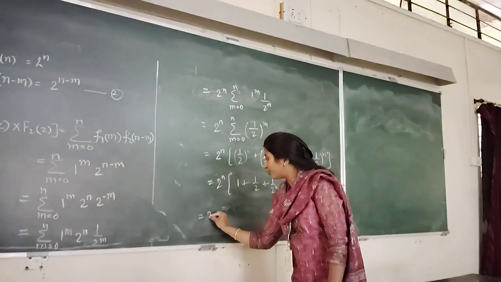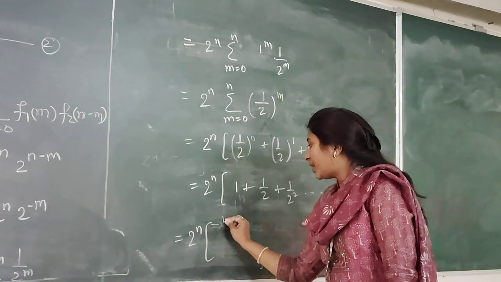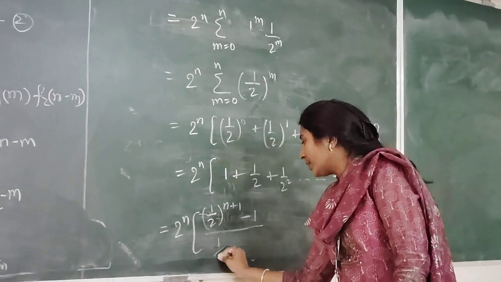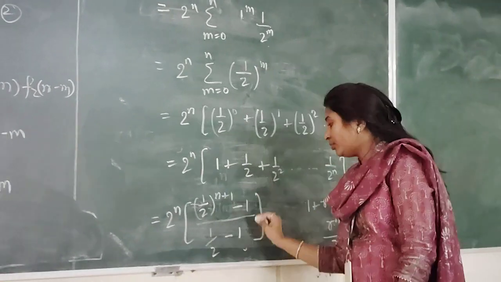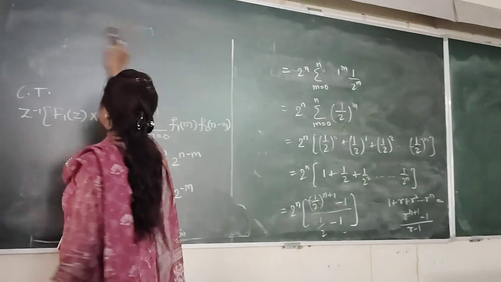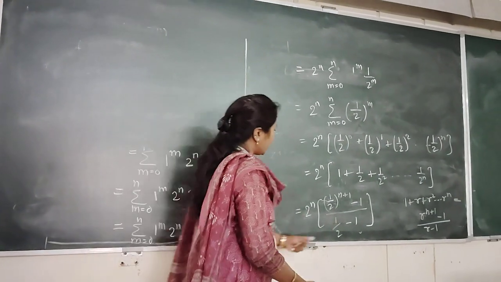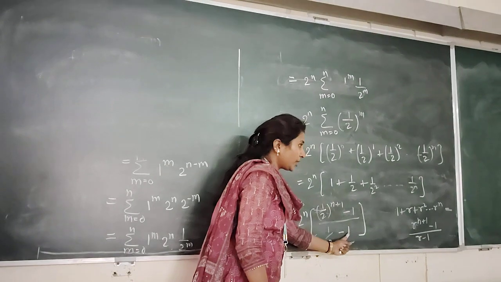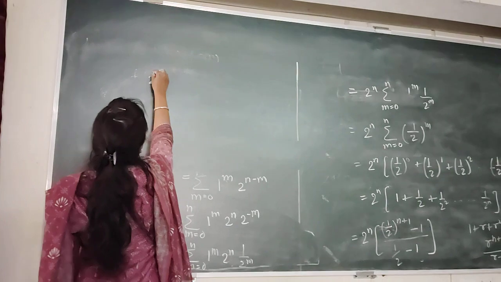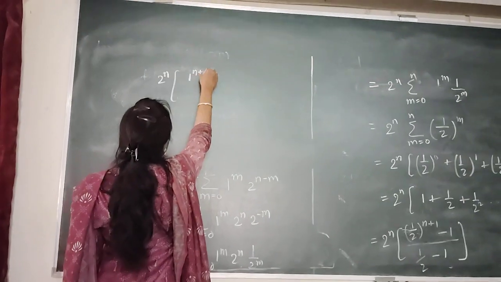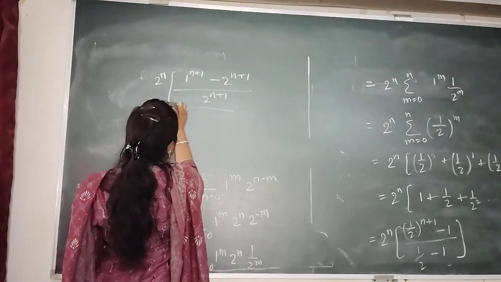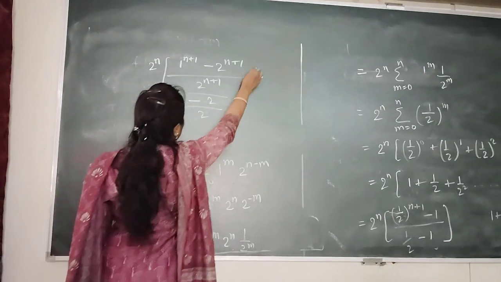So it is 2 raised to n times ((1 by 2) raised to n plus 1 minus 1) upon (1 by 2 minus 1). After simplifying, taking the LCM in the denominator, we get 2 raised to n, (1 minus 2 raised to n plus 1) upon 2 raised to n plus 1, and in the denominator 1 minus 2 upon 2.